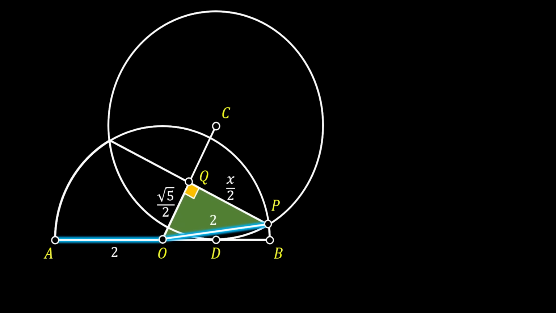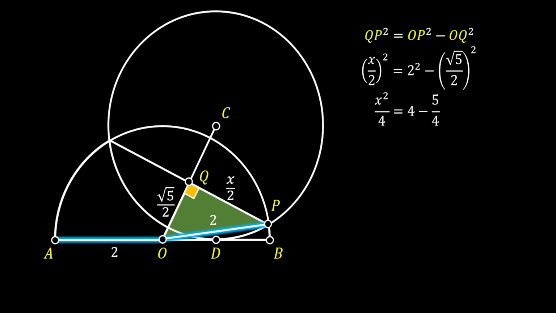So again we can use the Pythagorean theorem, but this time we can say that the leg QP squared is equal to the hypotenuse OP squared minus leg OQ squared, and we can substitute the values from our sketch. Now we can put everything to the square, and then we can get rid of the fractions by multiplying everything with 4, and we can work through this and get that x squared is equal to 11, which means that x must have the value of square root of 11.